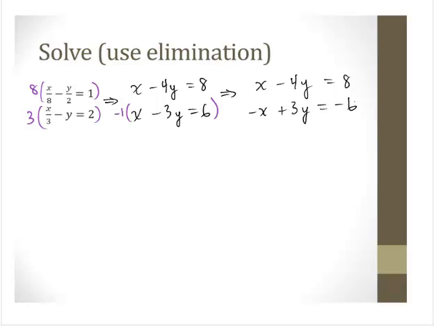Be very careful with your signs. Notice now we have that elimination on x. We'll add together the equations. The x's eliminate. I would have a negative 1y equals 2, and so dividing through by negative 1, y is negative 2.